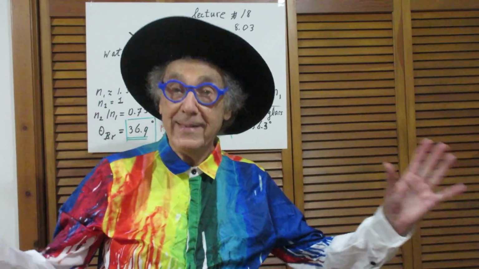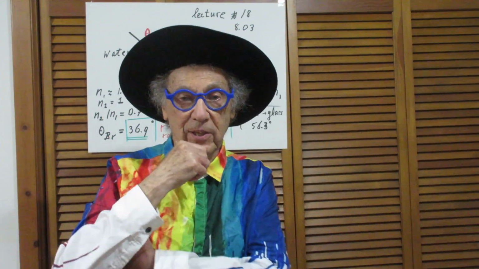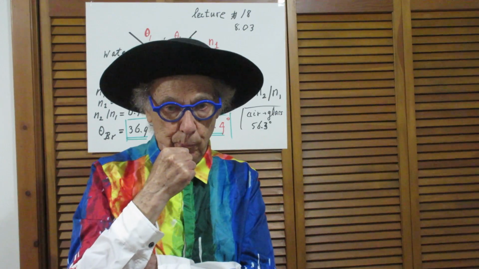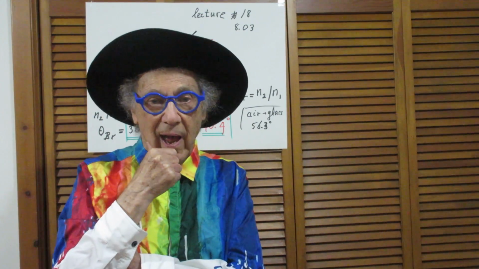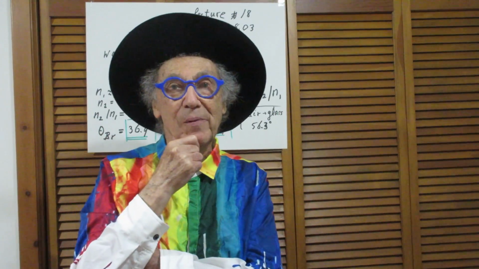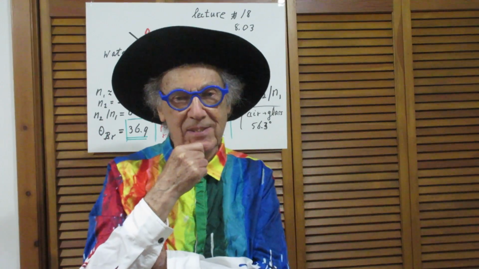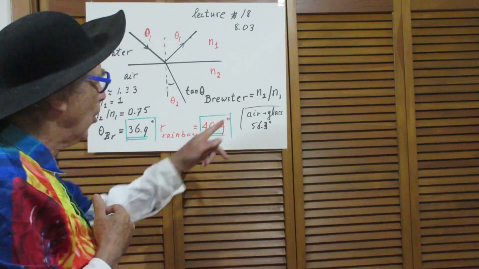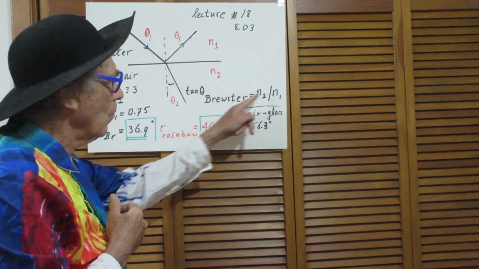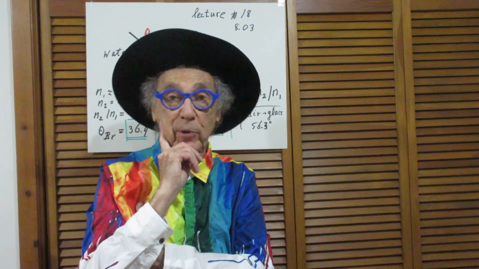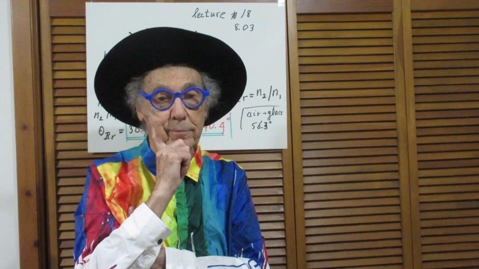And I demonstrate that in lecture 18. At time 50 minutes and 41 seconds into the lecture, I come to this conclusion, which is the result of one of those Fresnel equations. Non-intuitive, but true.